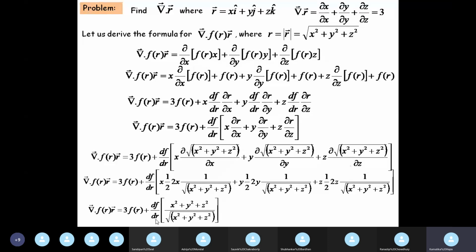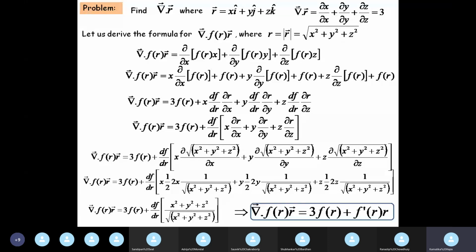So we can write this as 3 f(r) plus df/dr into (x square plus y square plus z square) divided by root over x square plus y square plus z square. This is nothing but r square by r, which is r.